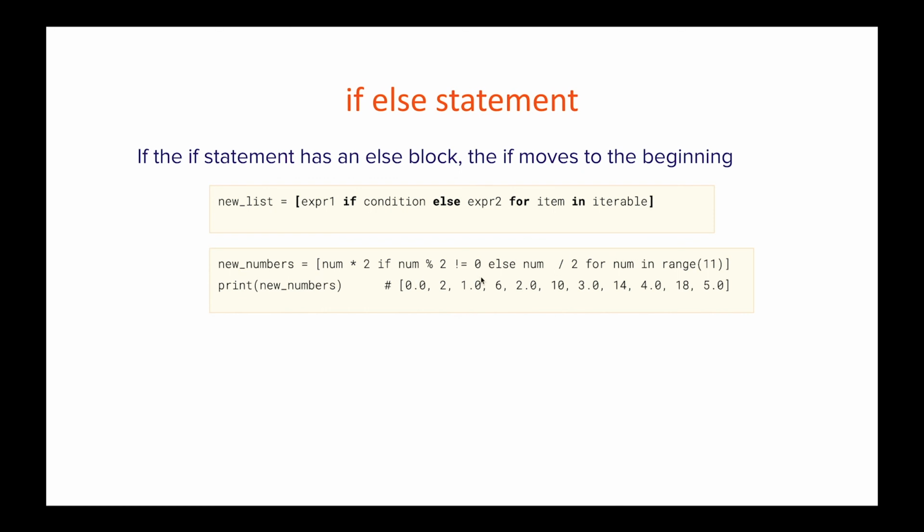You can see here that 0 is basically an even number, but we're dividing by 2, so that is still 0. Then 1 is doubled, 2 is halved, 3 is doubled, 4 is halved, 5 is doubled, and so on and so forth. So it depends on whether the number is odd or even. We perform either num multiplied by 2 or num divided by 2.